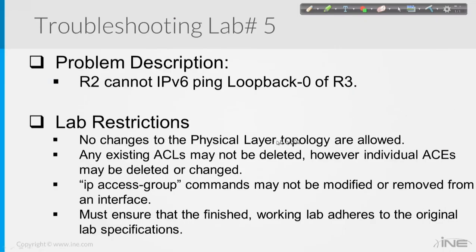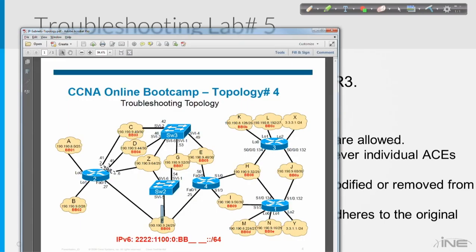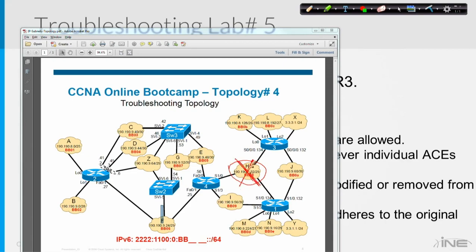No changes to the physical layer topology are allowed. Okay, so we can't change the physical layer topology. So that means that this whole subnet is off limits. This interface is down. And since we're not allowed to bring it up, that subnet is off limits.